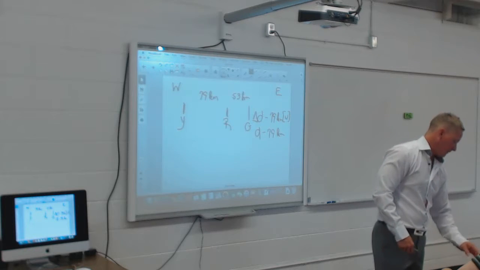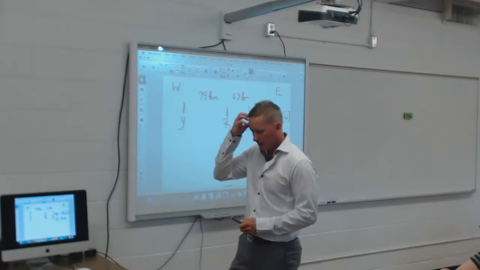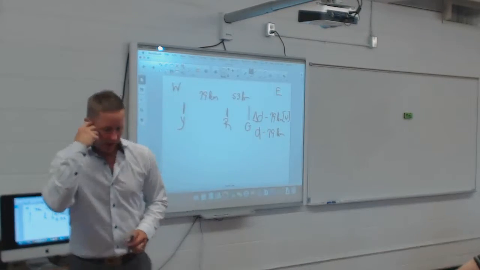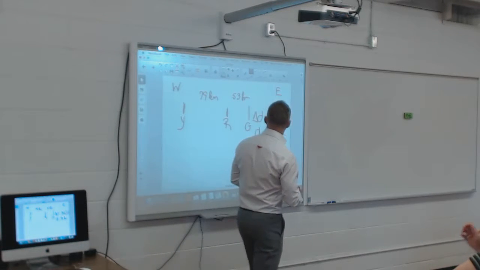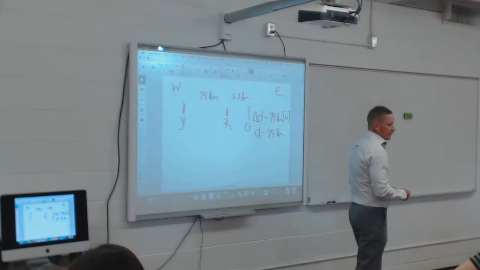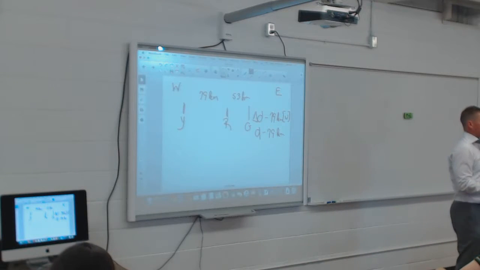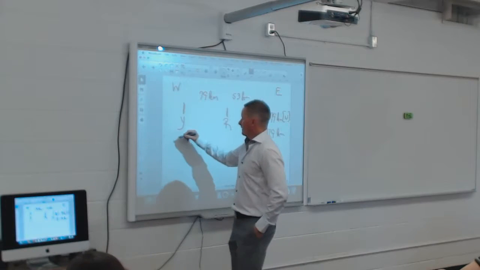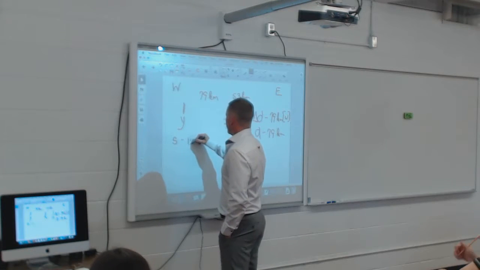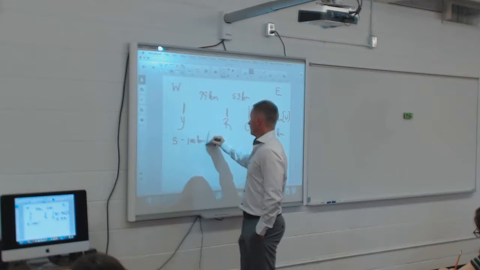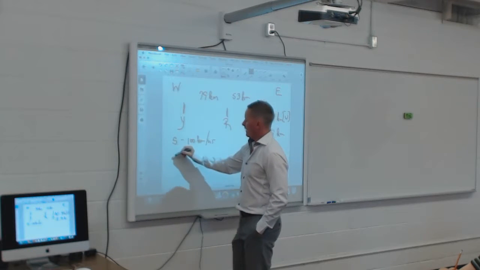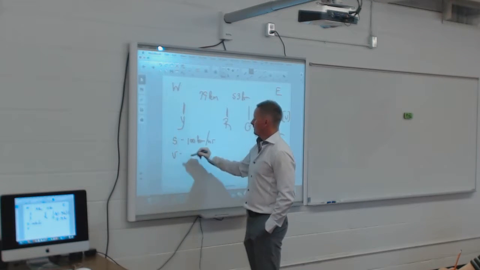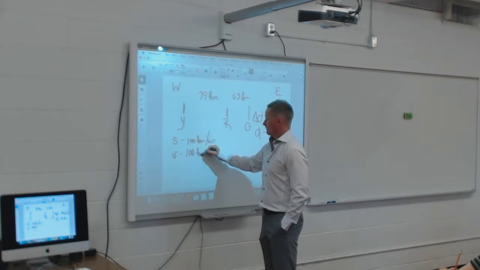Now I'm going to introduce one more thing. I go from Roblin to Yorkton, 79 kilometers, and I travel 100 kilometers per hour. So I'm going to say my speed is 100 kilometers per hour, and my velocity is 100 kilometers per hour.